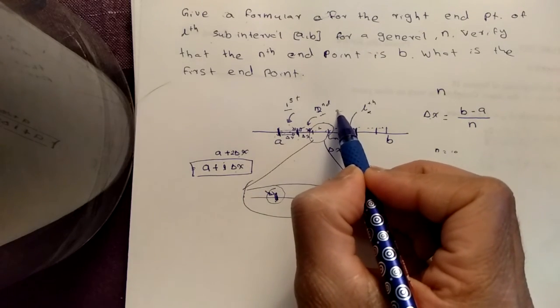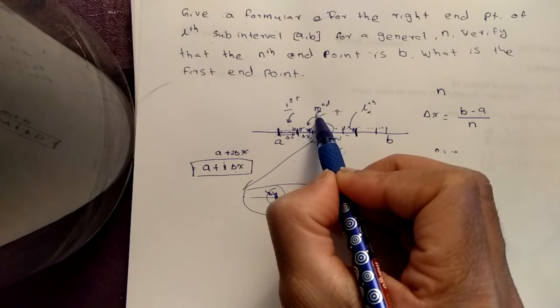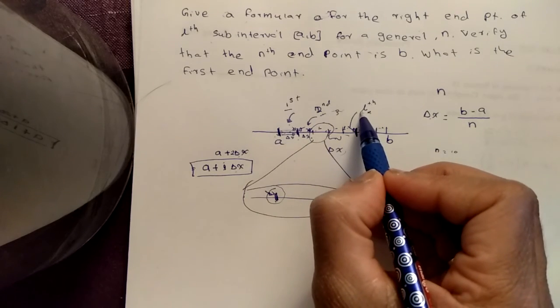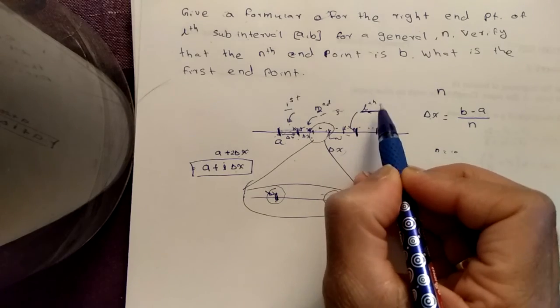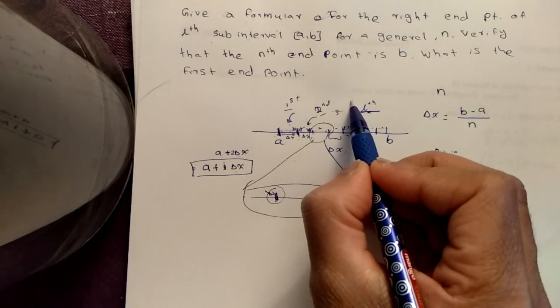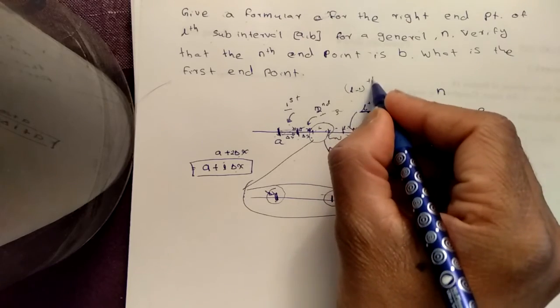The left endpoint of the third interval is the right endpoint of the second interval. That means the left endpoint of the ith interval will be the right endpoint of the I minus 1th interval.